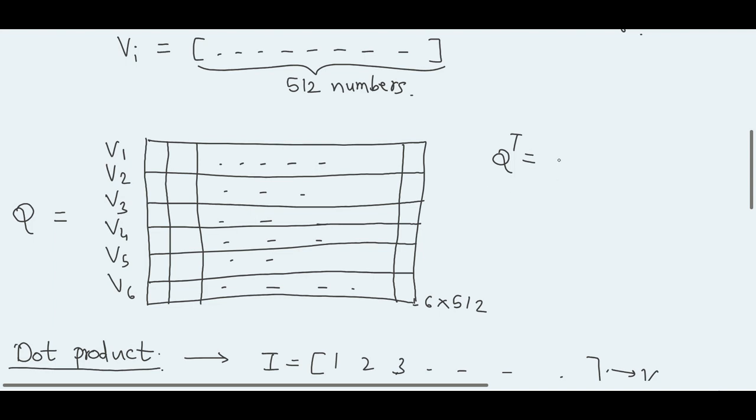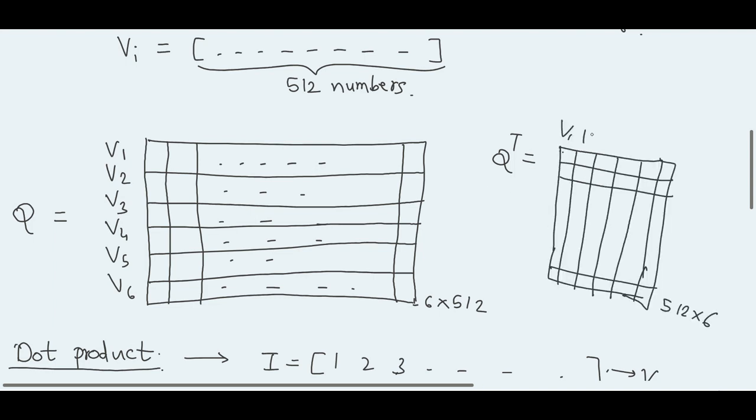So this transpose matrix will look like this. This v1 is now this column, v2 is this column, v3 is this, and each of these columns contains the corresponding 512 numbers associated with the word embeddings. So this is how the transpose looks, and you will see why we have done this.